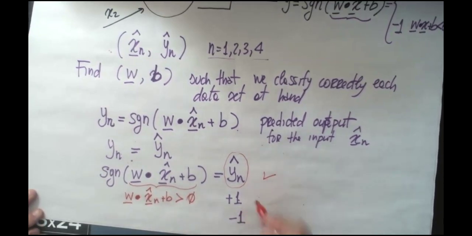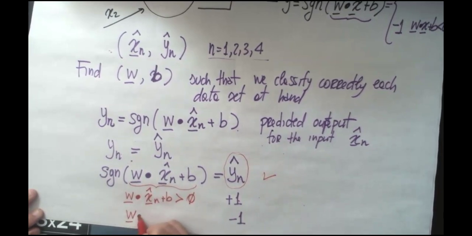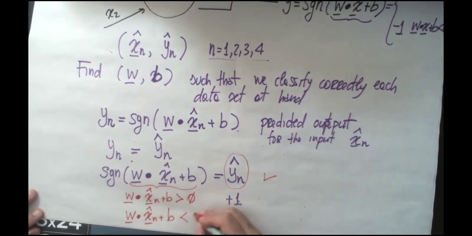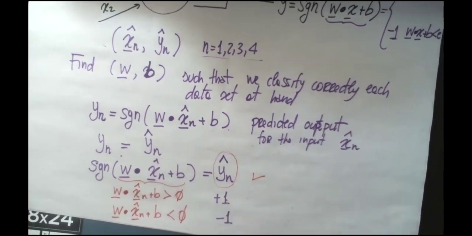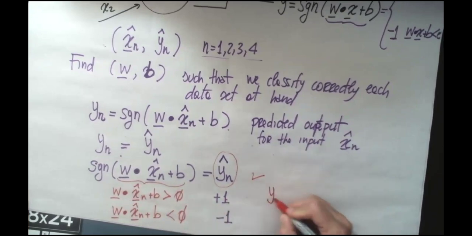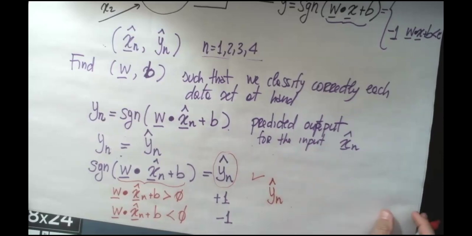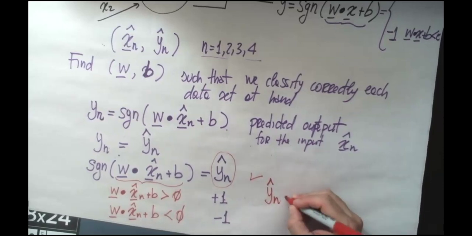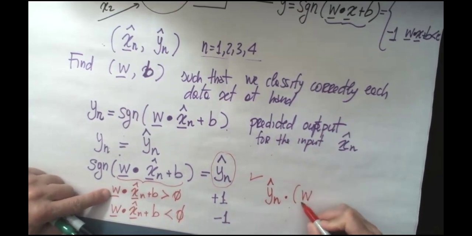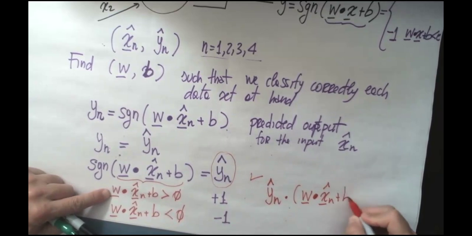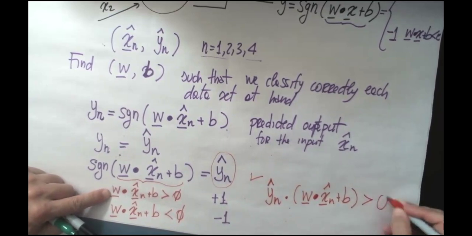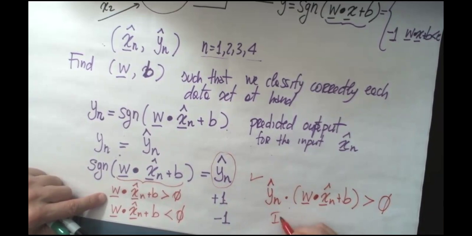If it's -1, we want this argument to be less than 0. So you can see that in either case, if I do the product, the data label multiplied by W dotted xn plus b is going to be greater than 0.